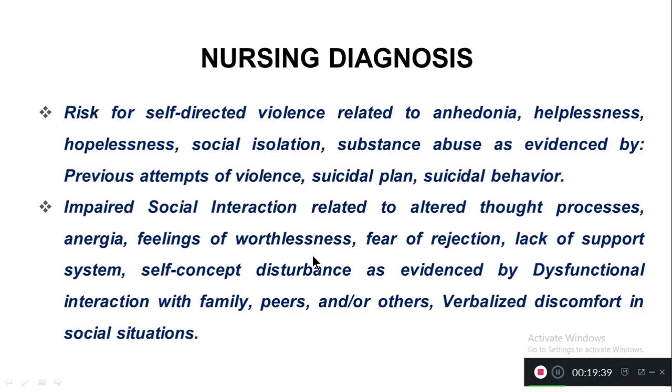So write nursing interventions on how to develop the patient's good social relationships, how to change his thought process, how to give good energy to the patient, how to improve self-esteem, how to develop self-concept, how to improve the relationship with family and peers, and how to make the patient verbalize positive feelings about a social situation. These related nursing interventions we need to plan.